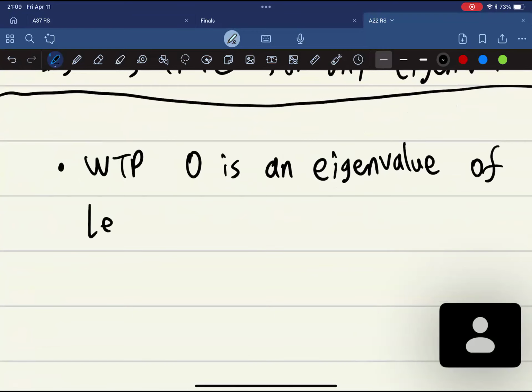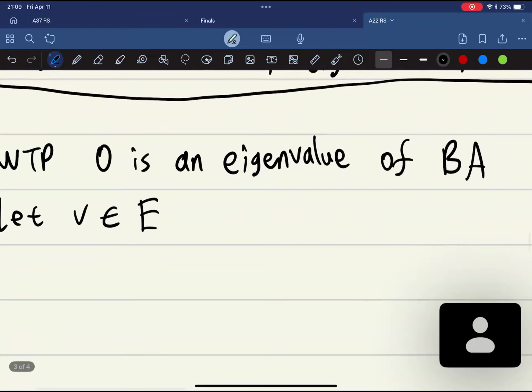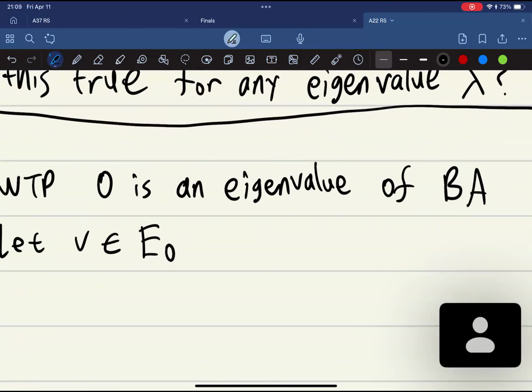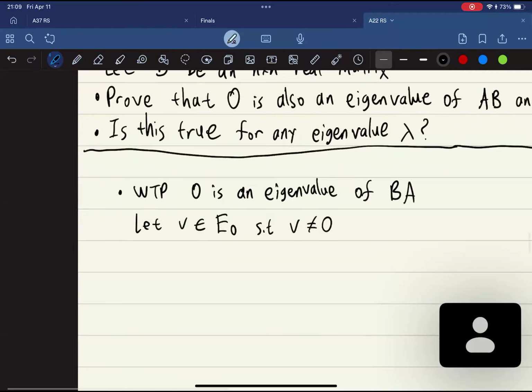Here we can let v be in the eigenspace of 0, such that v is not 0.